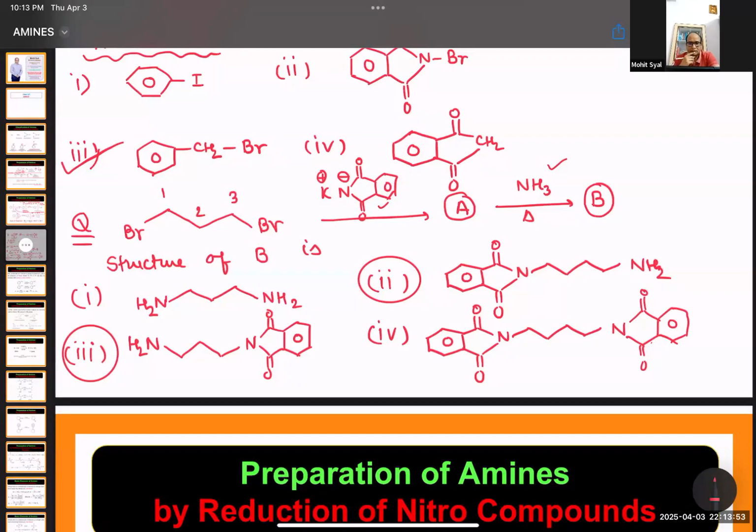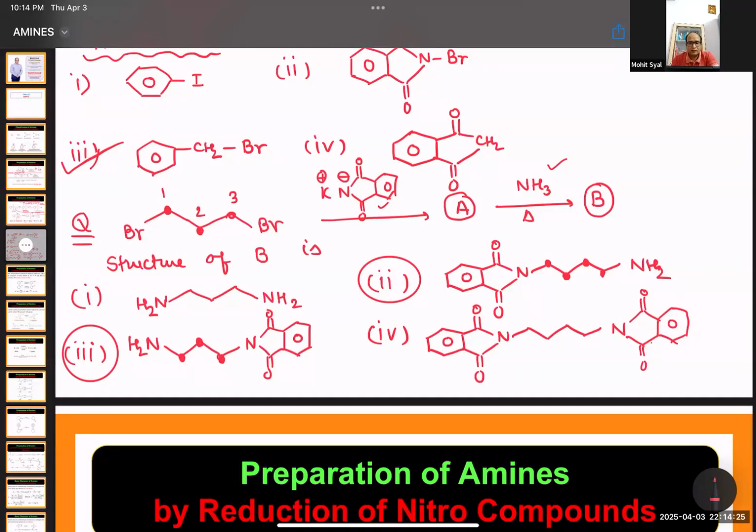Why? Yes, the third option is right, because you need to look at the carbon also. There are 3 carbon atoms. And in this case, though the groups on both the ends are correct, here you have 4 carbon atoms. How come propane became butane? That part is incorrect.